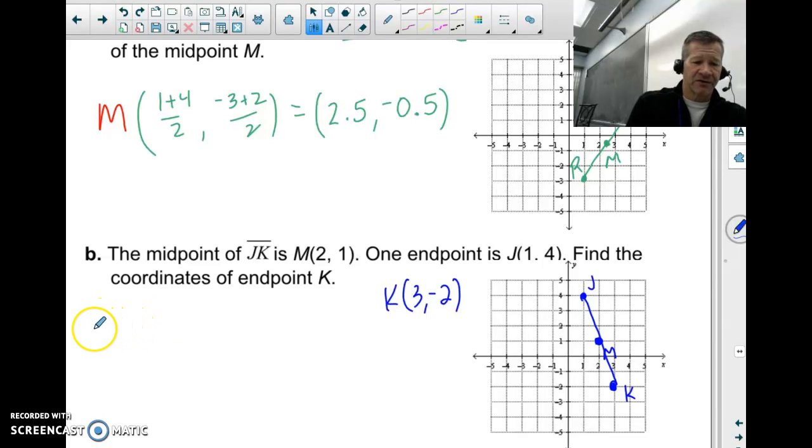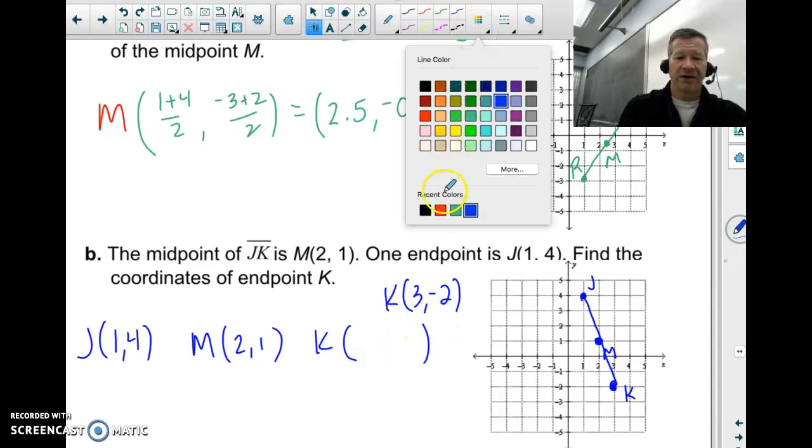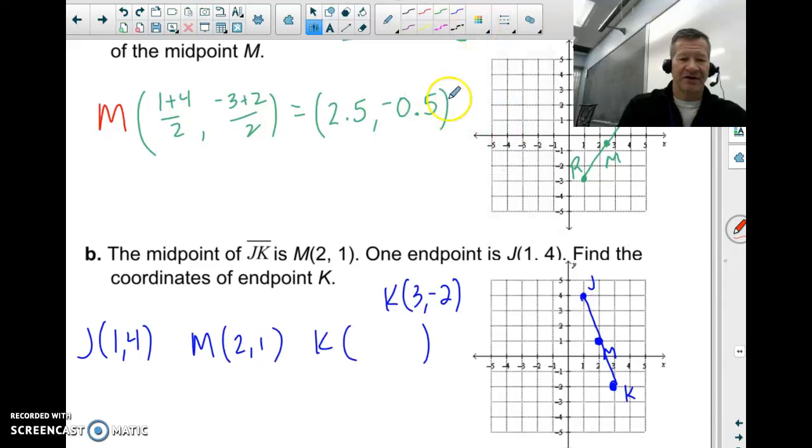Here's a cool little way of organizing your work. Another way, if you wanted to avoid having to make a graph, we know that M is in the middle of J and K. But at this point, we don't know where K is, right? Okay, well, it's the same thing you did on the graph. To get from J to M, I had to add 1 to the X value.